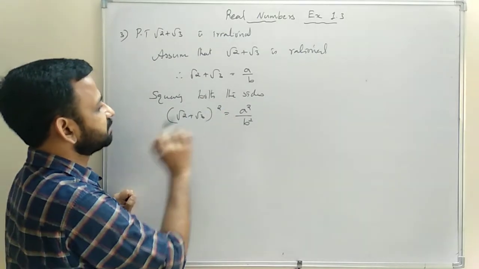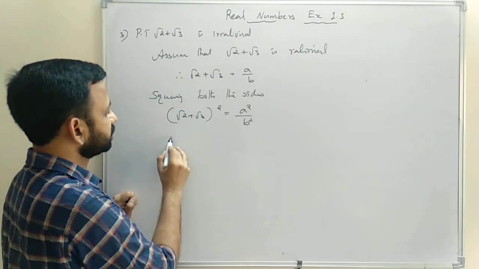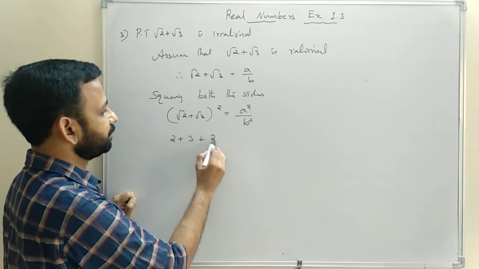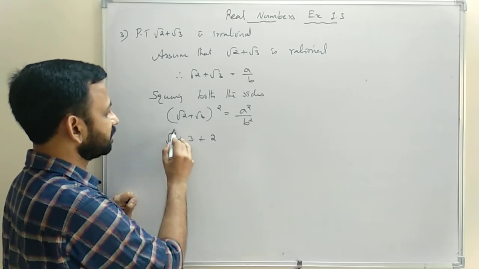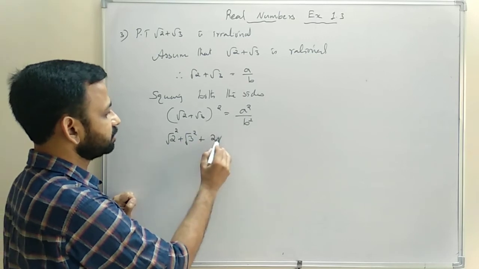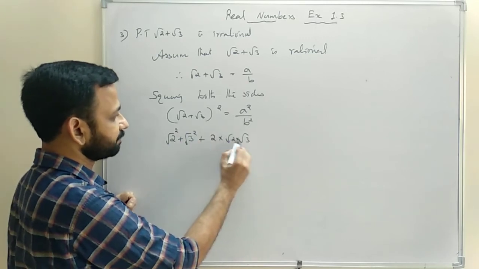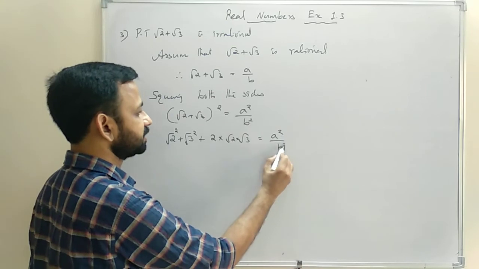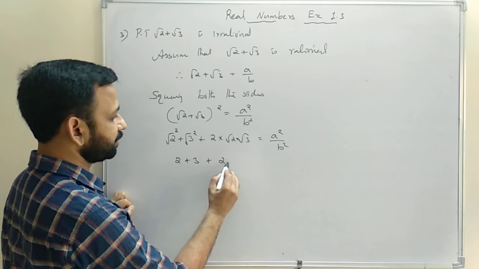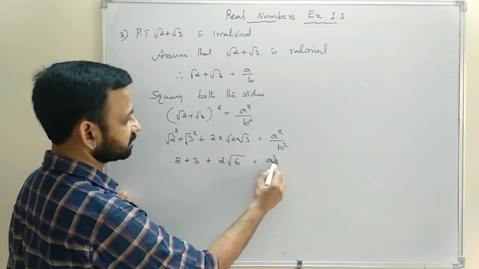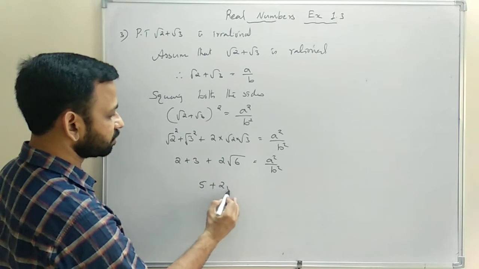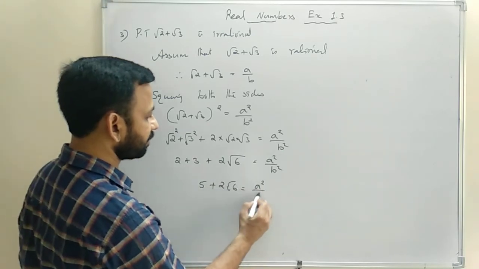Now we can use the a plus b whole square identity, a square plus b square plus 2ab. Root 2 square plus root 3 square plus 2 into root 2 into root 3 equal to a square upon b square. That is 2 plus 3 plus 2 root 6 equal to a square upon b square. 2 plus 3, that is 5. 5 plus 2 root 6 equal to a square upon b square.